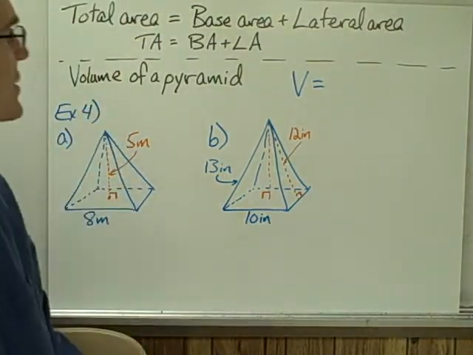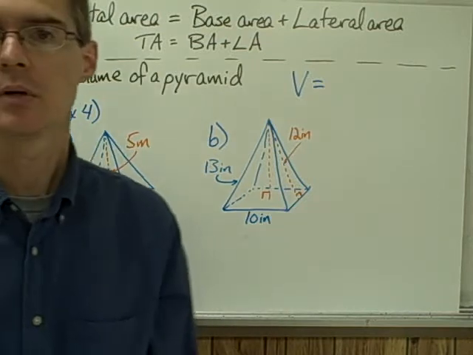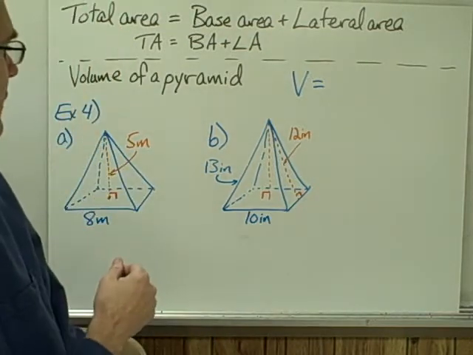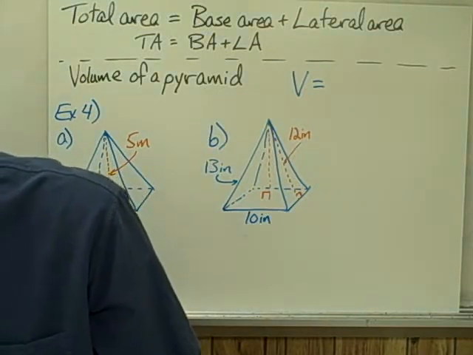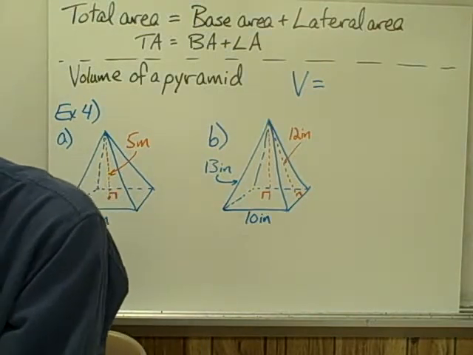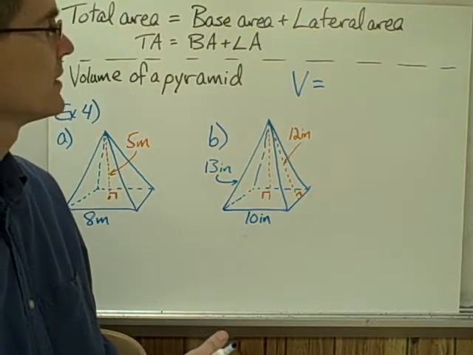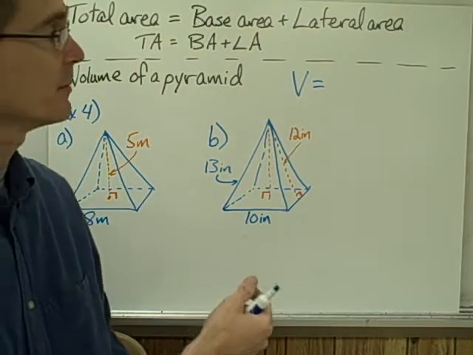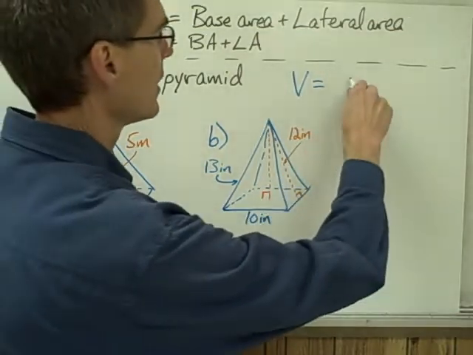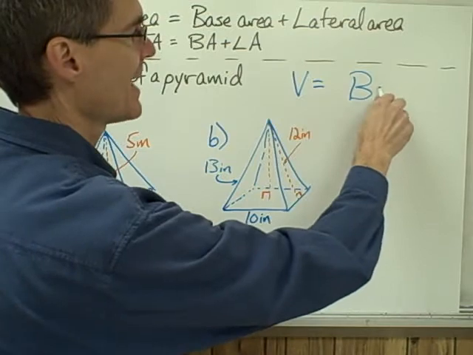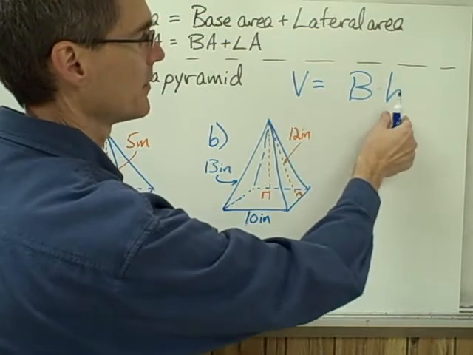So let's go on now and talk about the volume of a pyramid. So the volume of a pyramid, if you remember, the formula for the volume of a prism was the area of the base of the prism times the height of the prism.